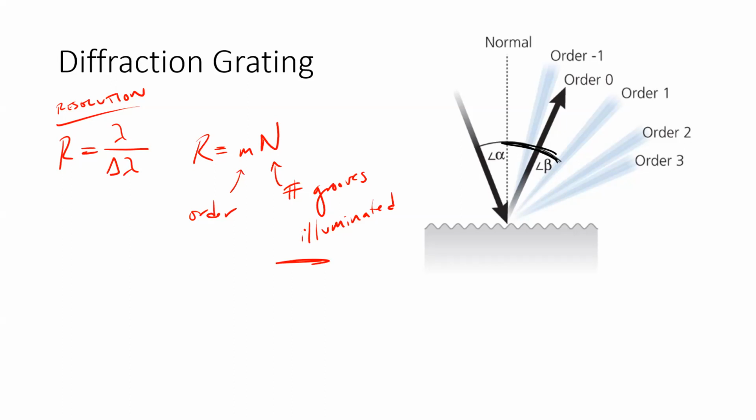To have a prism with the same resolution, the prism would have to be huge, because there's no way to separate light further in a prism unless you get a bigger prism. Just in terms of keeping things a manageable size and doing things as efficiently as possible, diffraction gratings are preferred to prisms. Okay, because it's easier to separate the light in a smaller area. Yeah. And then the more we separate the light, the better the resolution is.